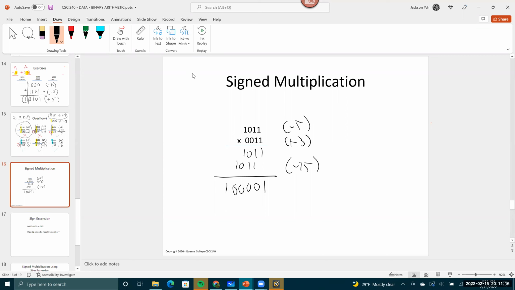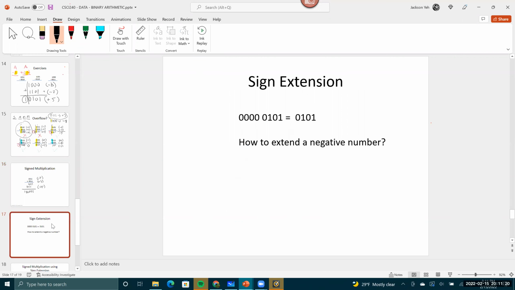The first way to attack a sign multiplication problem is a method called sign extension. Sign extension just means that I first extend the number of bits, pad them. On my top example here, this is +5, right? 0, 1, 0, 1. If I put an infinite number of zeros in front, it's still +5.